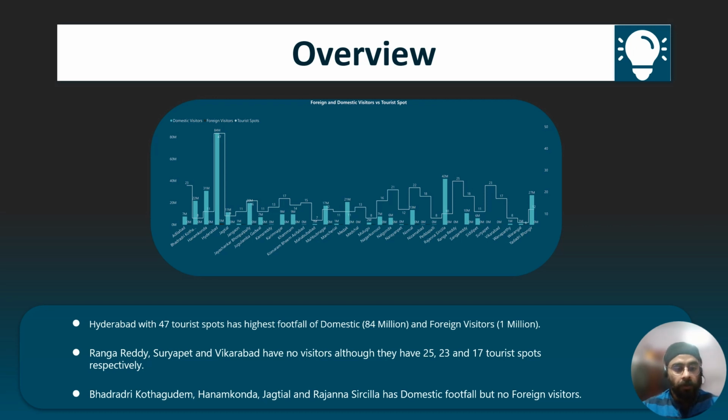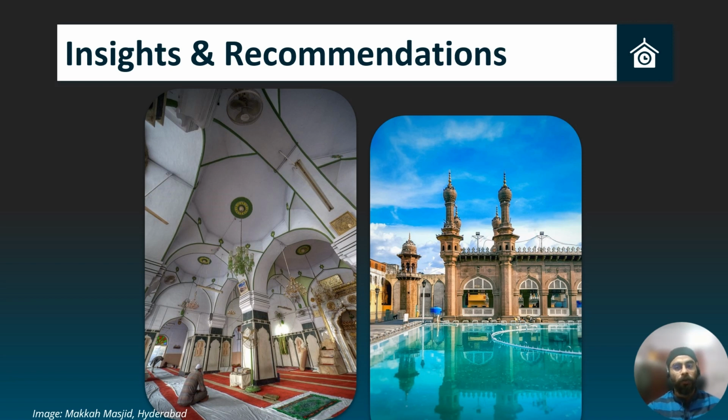Districts like Bhadradri Kothagudem, Hanamkonda, Jagtial and Rajanna Sircilla do see domestic footfall, but they have no foreign visitors. Don't worry, we will talk about how to tackle these issues in the later part of the video. Alright, so let us head over to the research questions and present our insights and recommendations for the same.